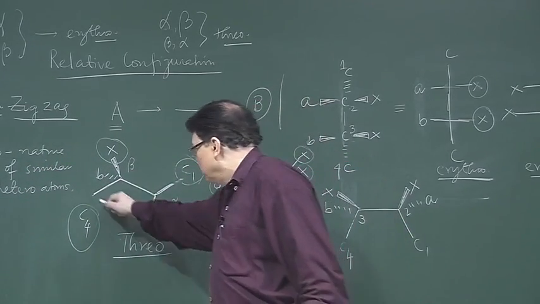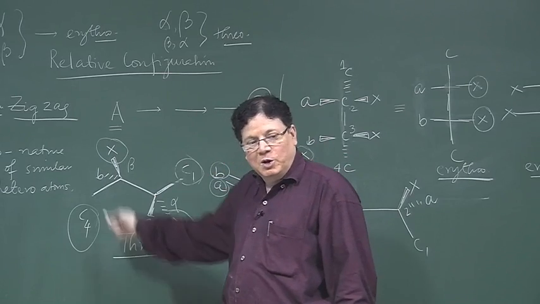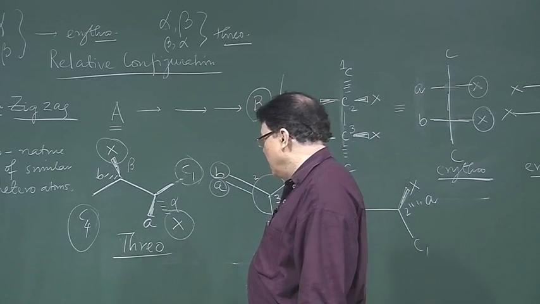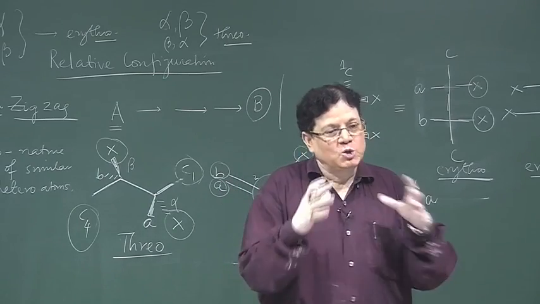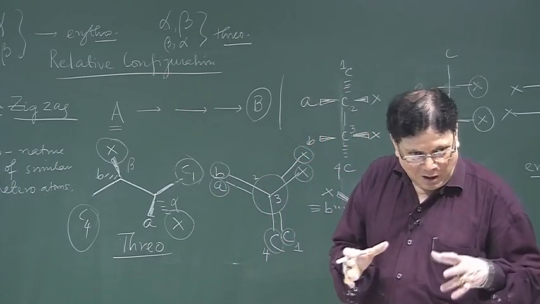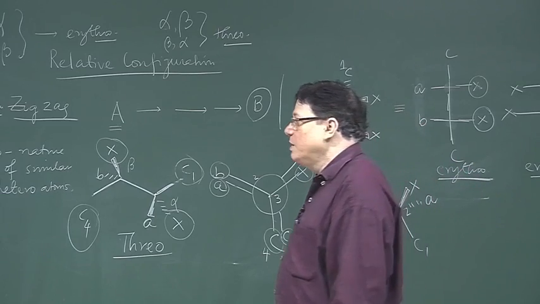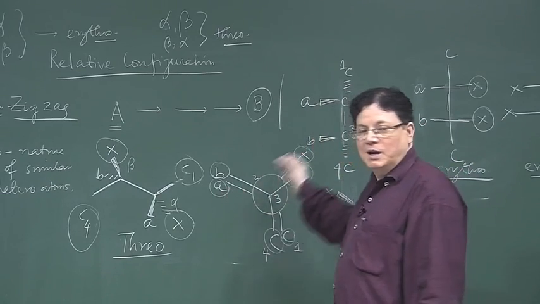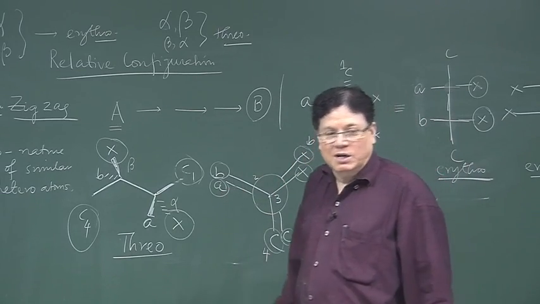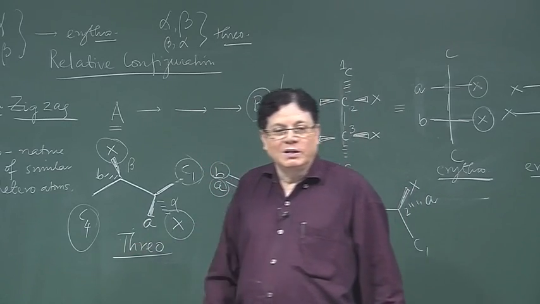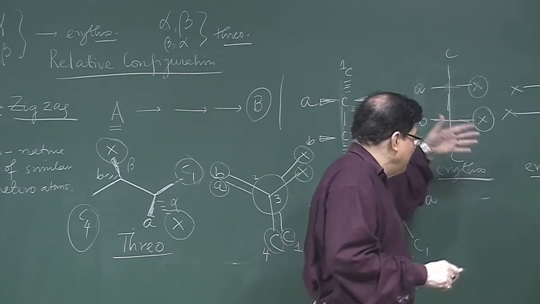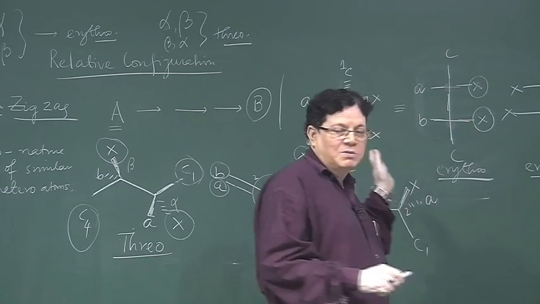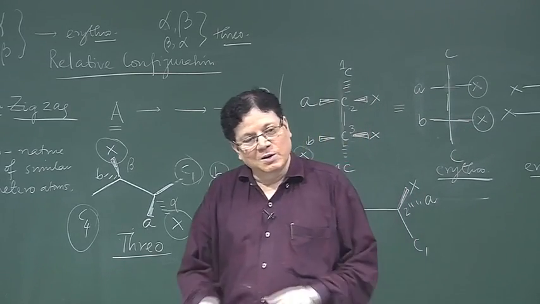He proposed this threo-erythro nomenclature based on the zigzag conformation, that is, the conformation in which the molecule mostly resides. However, that creates a lot of problems, because what is erythro in the Fischer projection becomes threo in the zigzag conformation, and vice versa. You can practice: what is threo in the Fischer projection becomes erythro in the zigzag conformation.